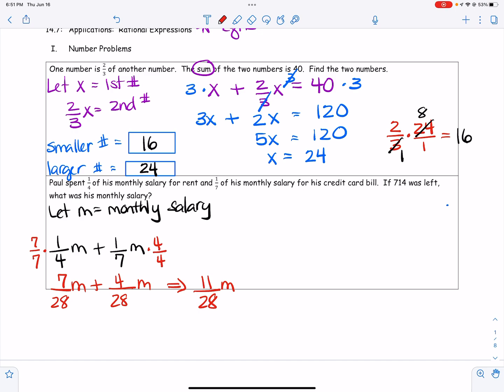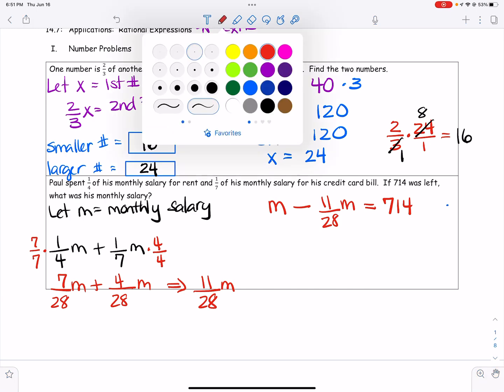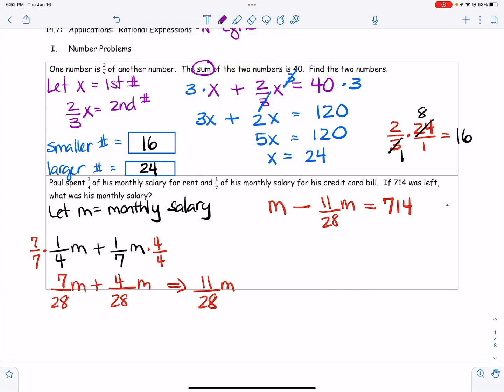But it says that once he takes out that much that he's spent, what remains is $714. So the equation is you take his entire monthly salary, take out the portion that he has spent on rent and credit cards, and what is left is $714. So there's my fraction.